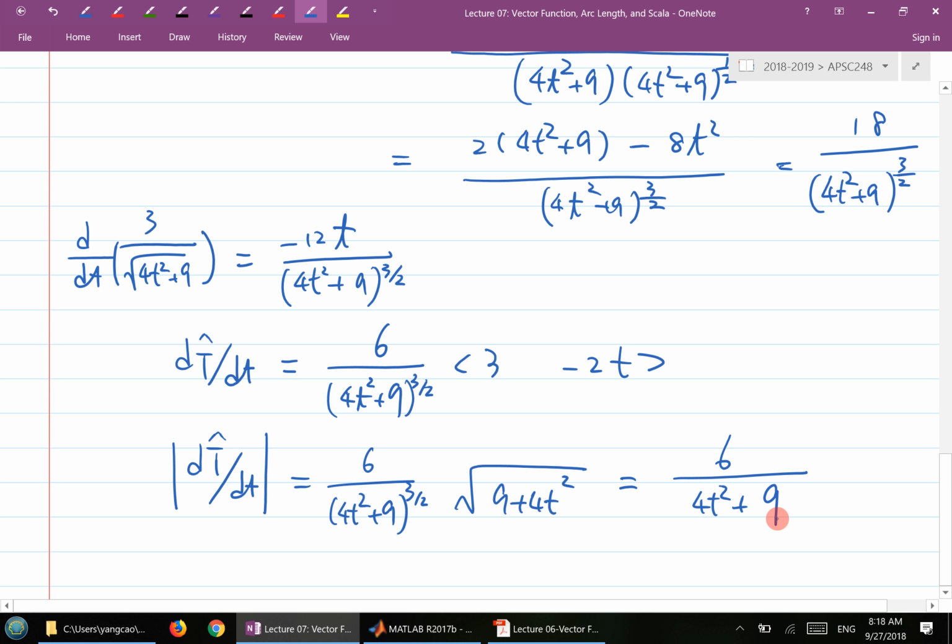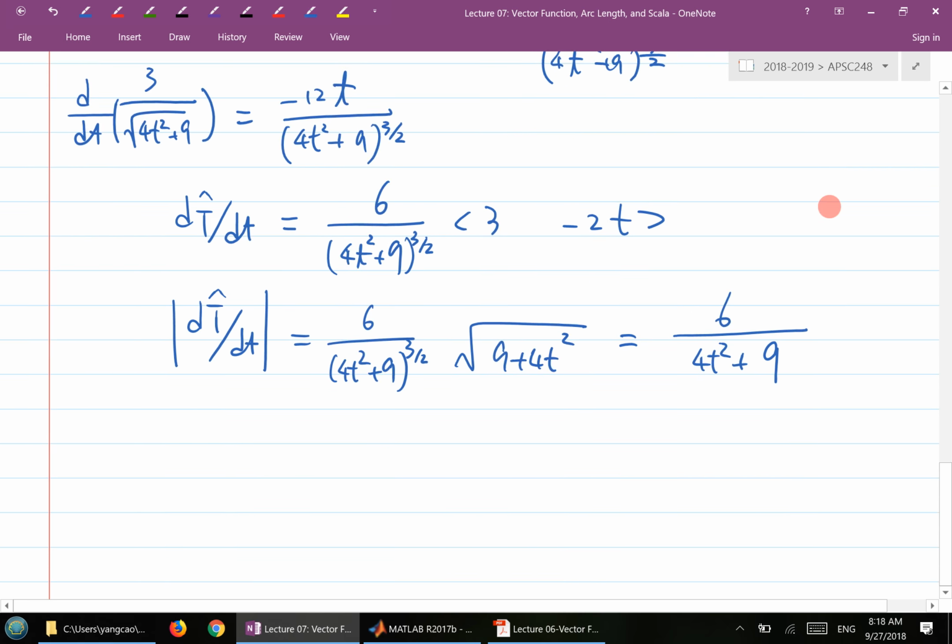So finally, we can put things together. Putting things together means we try to calculate the N hat over that particular norm. So this whole thing over this whole thing.